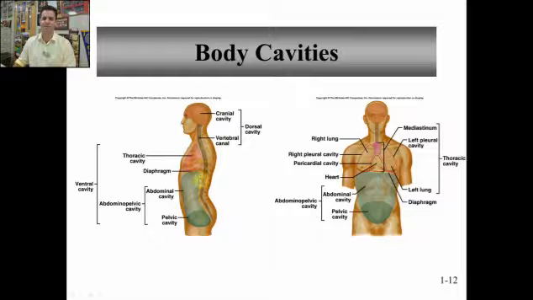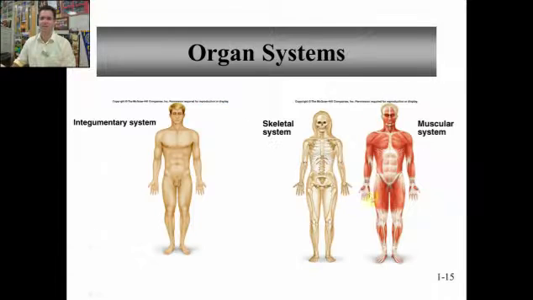This is the space where the spinal cord actually is inside. Of course, you have your lungs within the thoracic cavity, and you also have the heart. In here we have all the digestive organs and so on in the abdominal cavity, and then the pelvic cavity is all the various pelvic organs and so on.